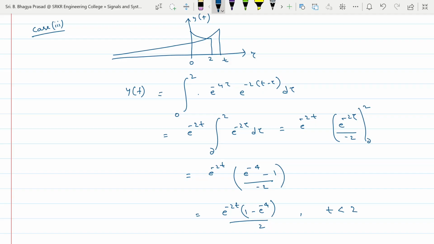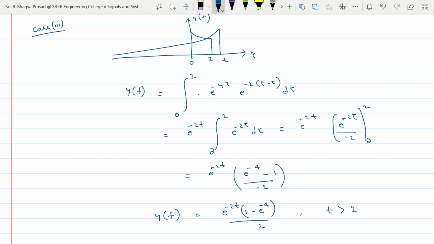After t crosses 2, the expression holds as e power minus 2t times 1 minus e power minus 4 by 2.